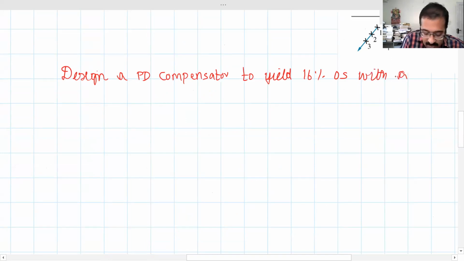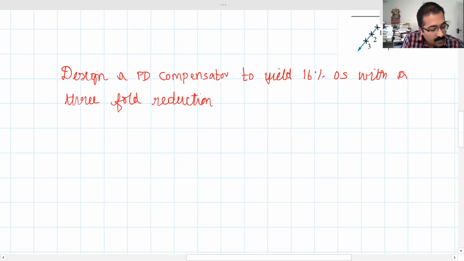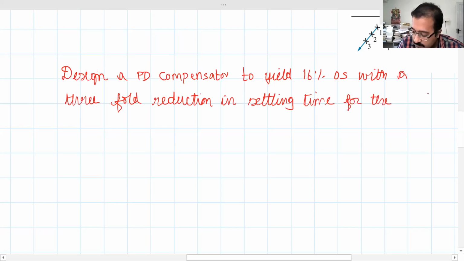with a threefold reduction in settling time for the system given below.